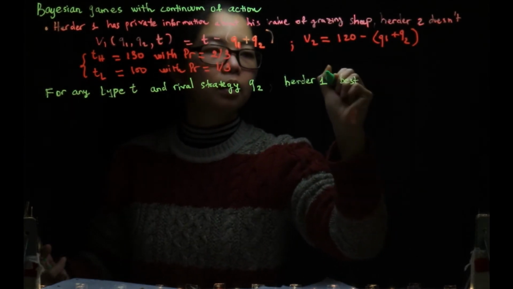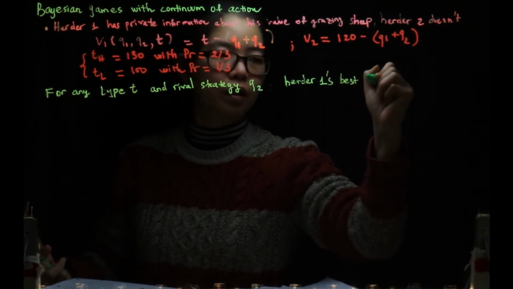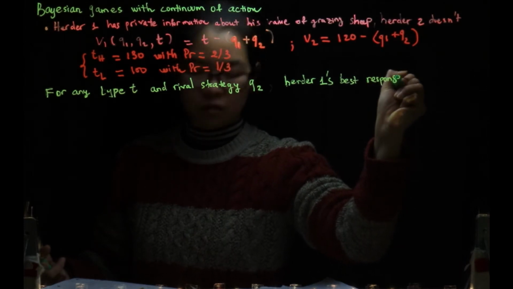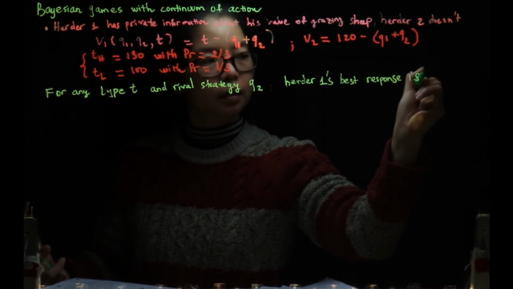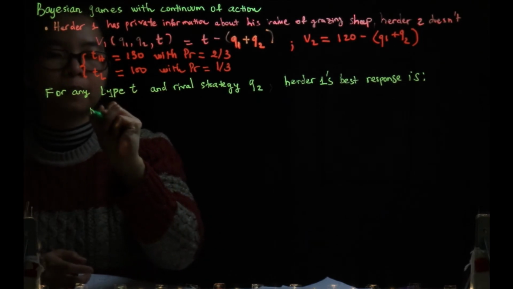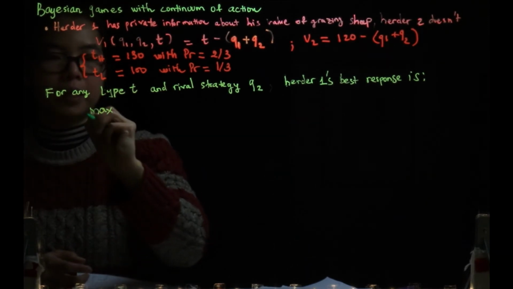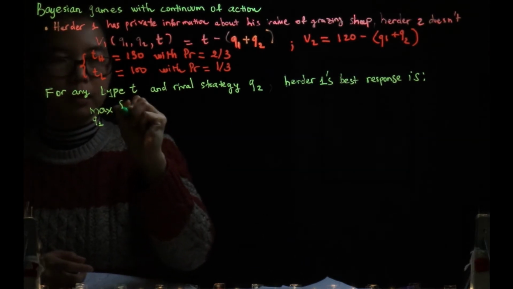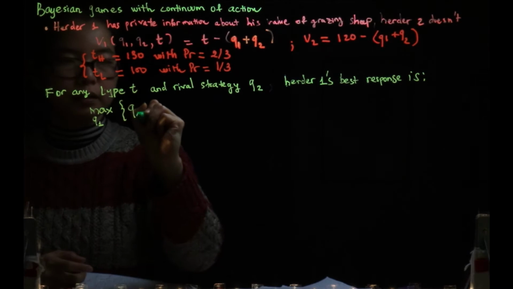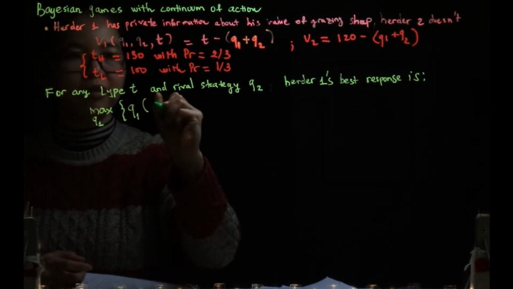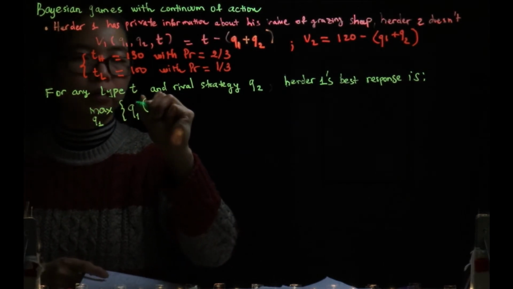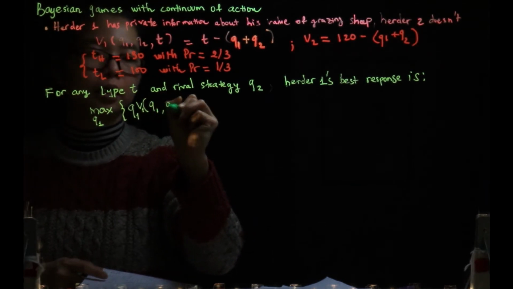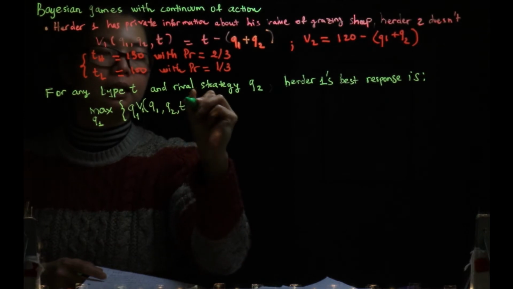Remember, last time we showed that the best response is determined by the maximization problem with respect to q1: q1 times the value per sheep, v1, which is a function of q1, q2, and t.